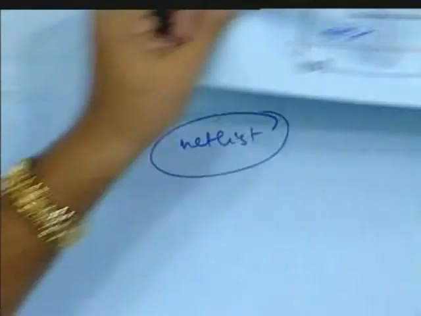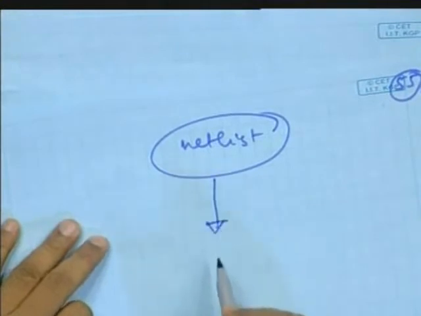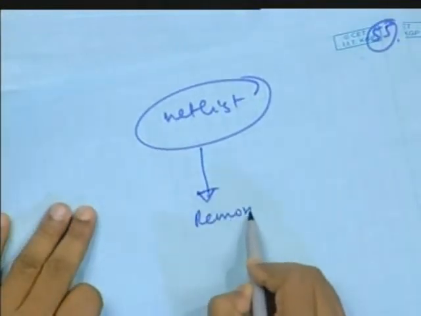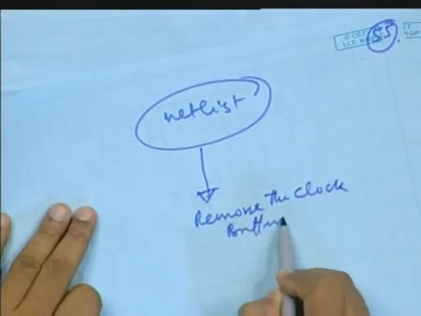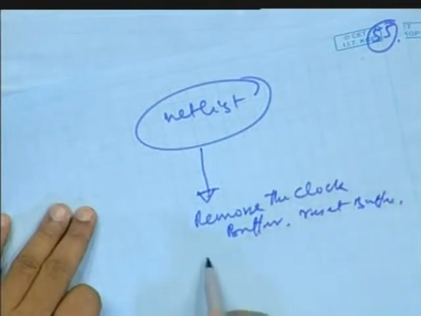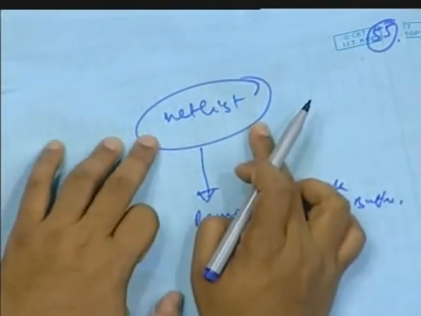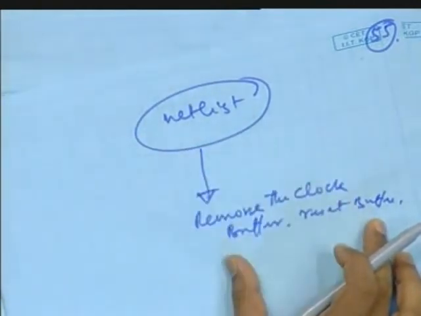Okay, where was I? When you have fixed your floor plan, you take the netlist. First, what you do is remove the clock buffers, reset buffers, etc. You keep the functionality the same, just make it very clean.